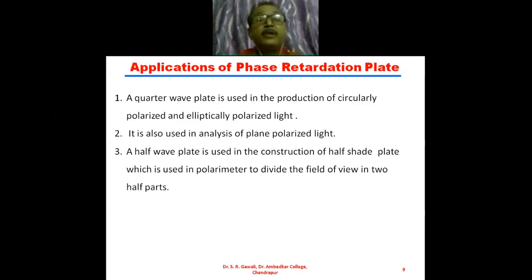Whenever we have to divide the field of view into two half parts, the half shade plate is used, and it is constructed using the half wave plate. That is about the applications of the phase retardation plate. So this is about my today's presentation.